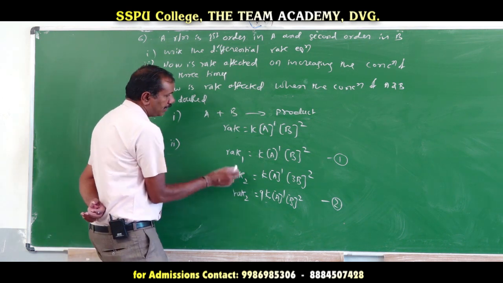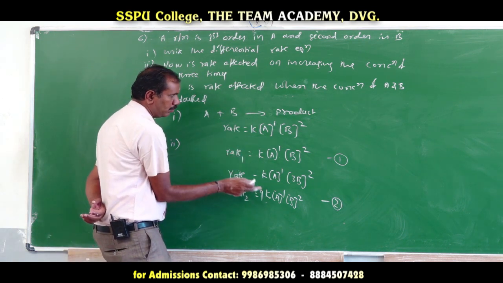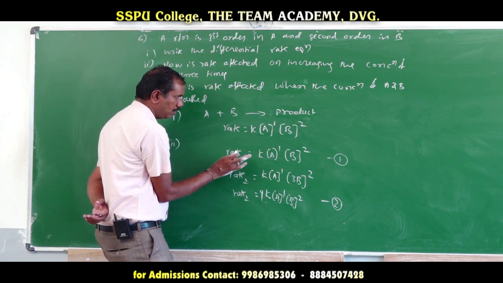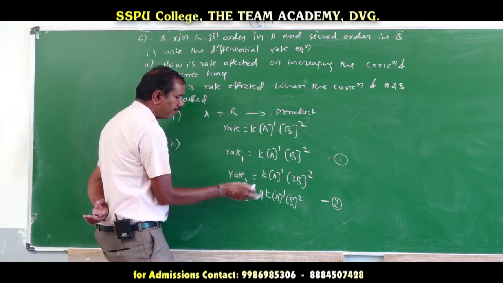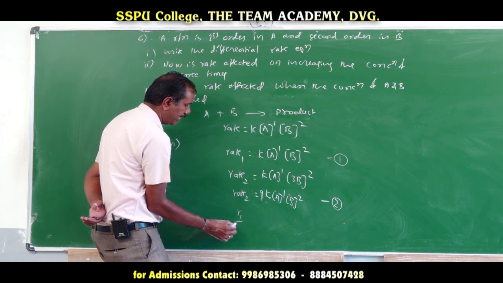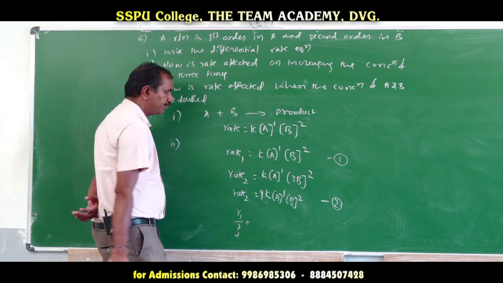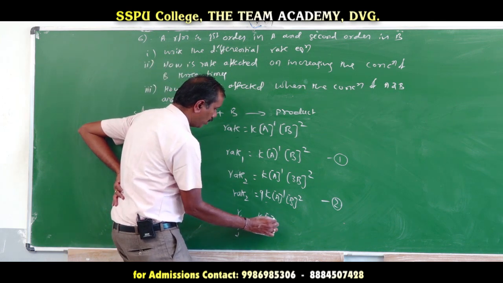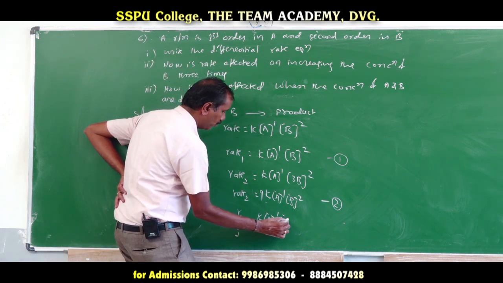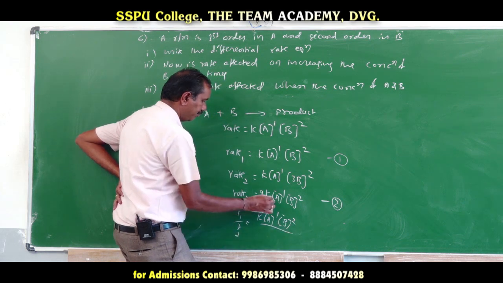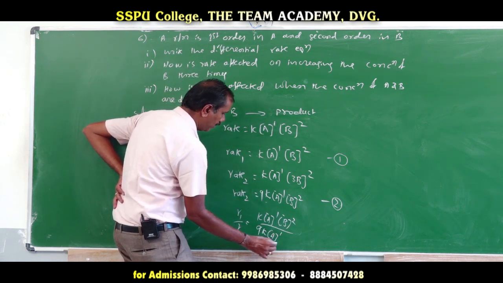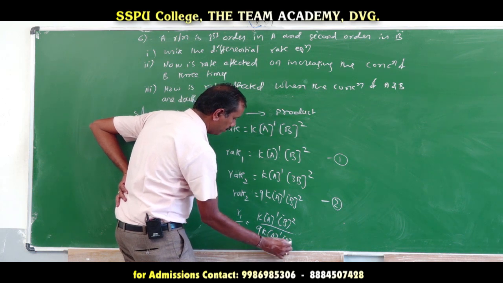By dividing equation 1 by 2, rate 1 by rate 2 equals K into A to the power 1, B to the power of 2 by 9K into A to the power 1, B to the power of 2.